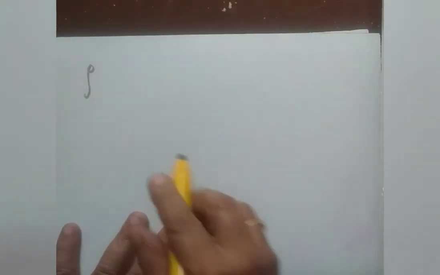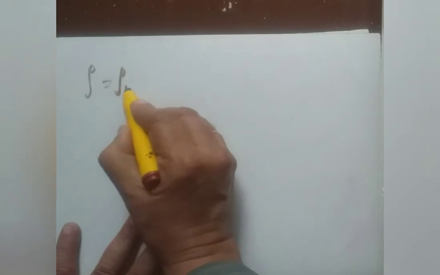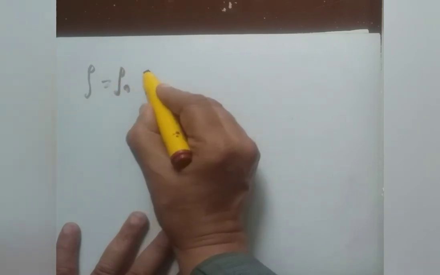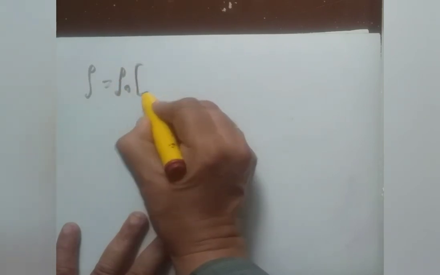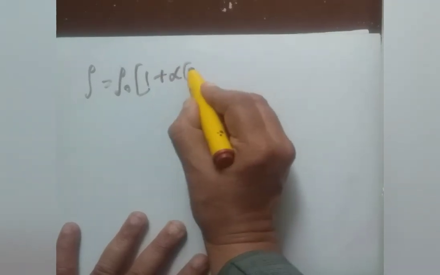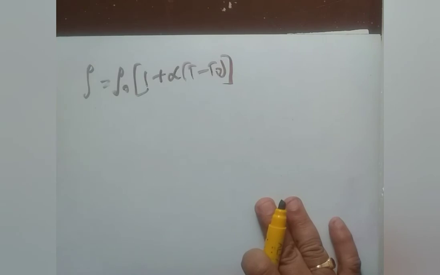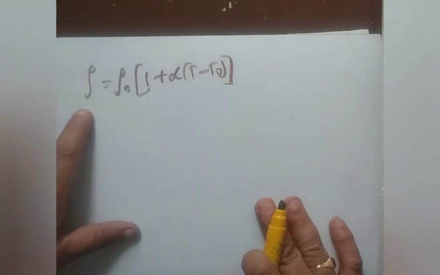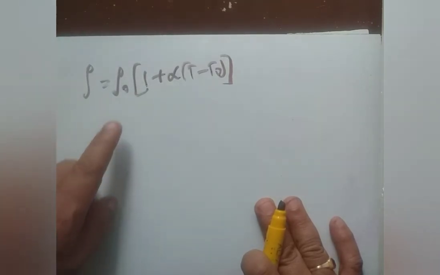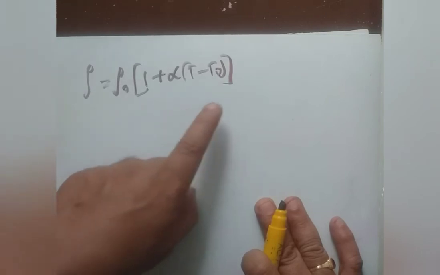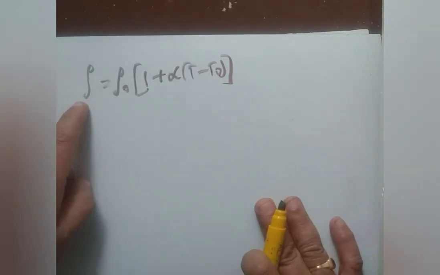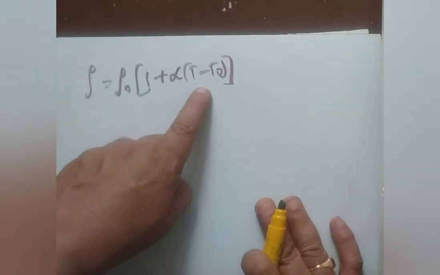In the moderate temperature region, we can write rho = rho naught into 1 plus alpha (T minus T naught). So this is the expression for resistivity at a given temperature, where rho naught is resistivity at temperature T naught and rho is resistivity at temperature T.